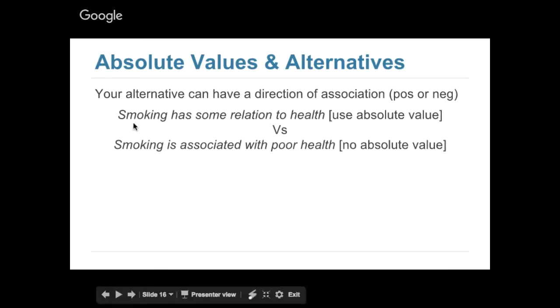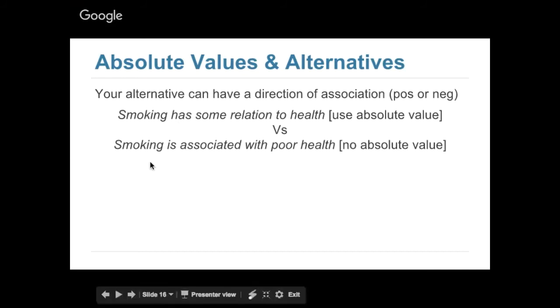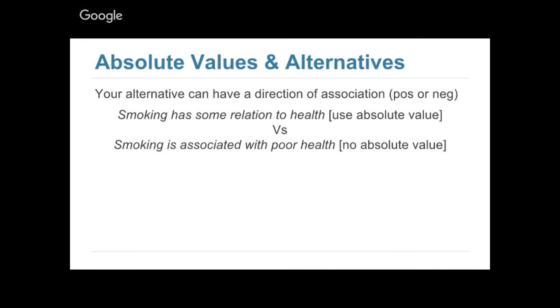For example, I can say smoking has some effect on health. I want to have an absolute value in my test statistic somewhere to say it could make my health better or it could make my health worse, right? Or I can ask the question, does smoking make my health worse? Then I just want to say, okay, look in a negative direction of some measurement of health.